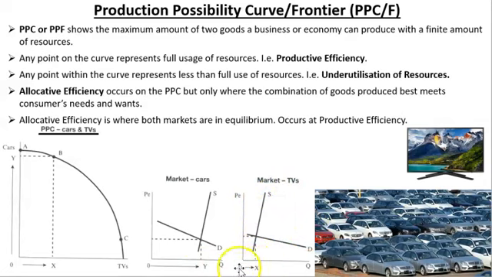These are the quantities in each market that are the most efficient, where demand meets supply. It's in equilibrium. So on our PPC, the allocatively efficient point would be Y amount of cars and X amount of TVs. We'll be going over that relationship between each respective market and the PPC in coming lessons.